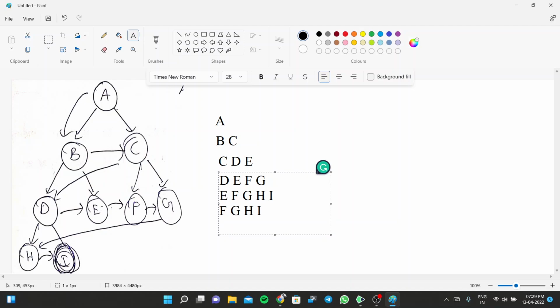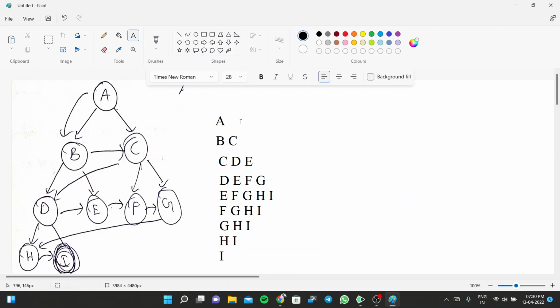Now we remove F; F also has no other nodes, so directly we write the remaining ones. After removing G, G also has nothing, so we directly write H. After removing H, we also have nothing, so directly we have I.